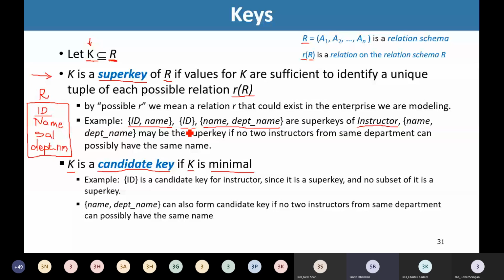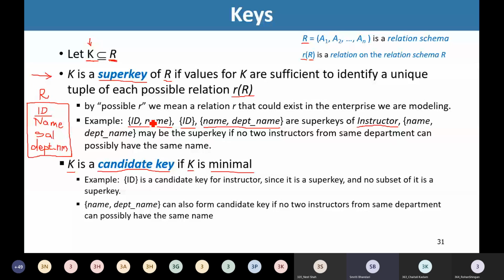If I look at this set of attributes ID and name, I will not say that ID name is my candidate key. And what is the reason why ID name is not the candidate key? Because even though this set of attributes ID name is a super key, there exists a subset of this key which is also a super key.